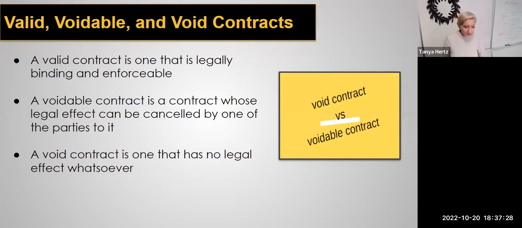An example of this might be if somebody contracted you to provide 30 sandwiches, and you said, great, I'll go ahead and make 30 salads because you didn't hear quite right. And then you come to the catering and say, I have 30 salads. Well, that's a voidable contract. The person can then say, whoa, no, I wanted 30 sandwiches, I'm not going to pay. And they would be well within their right to do so.